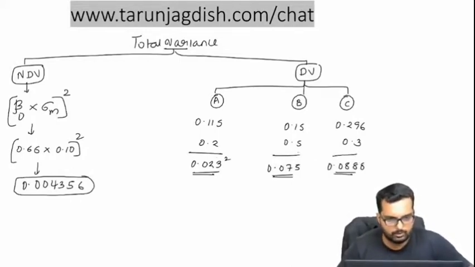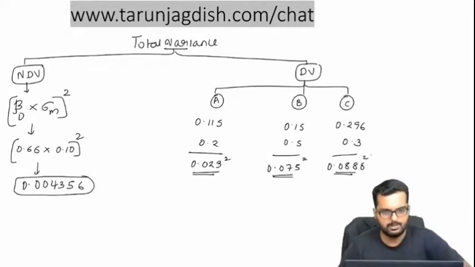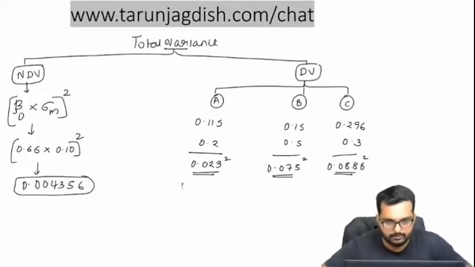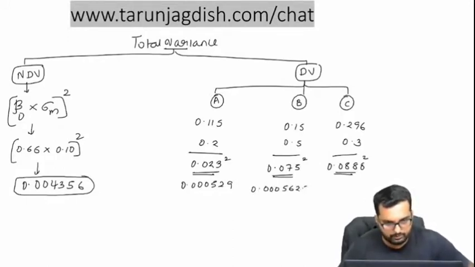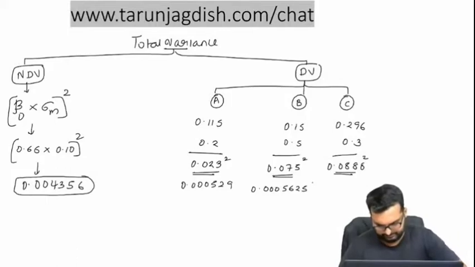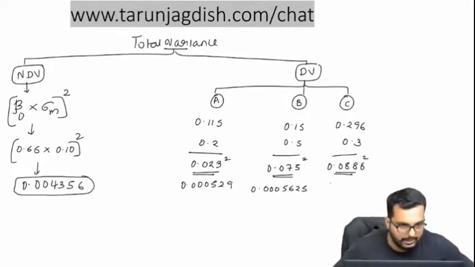Okay. I'll do the square of this now. So 0.023 into 0.023 is how much? 0.000529. 0.075 into 0.075 would be 0.005625. And 0.00788.